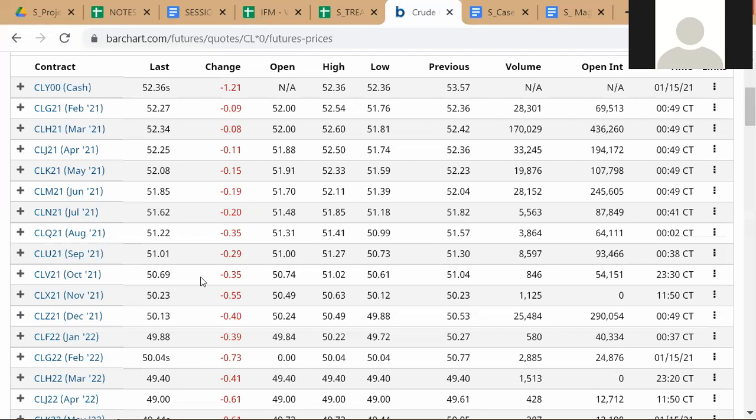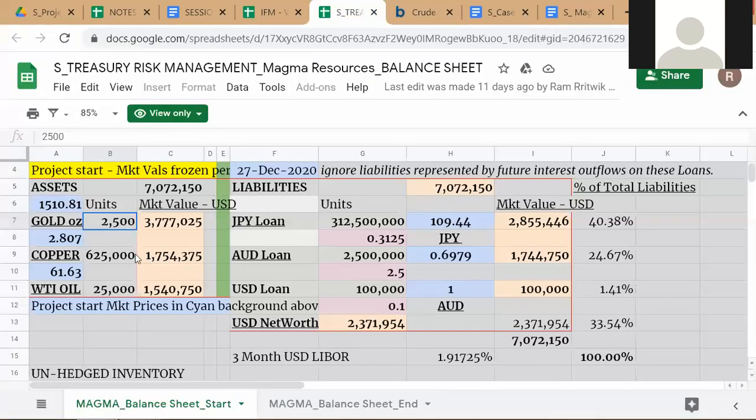Sometimes they set it on the front month futures price. The basic logic is that as part of the Treasury hedging team, you must be talking to the sales team to understand what exactly the KRF is. You must understand the exact basis on which they set their prices when they're contracting with their customers. That is the key thing.